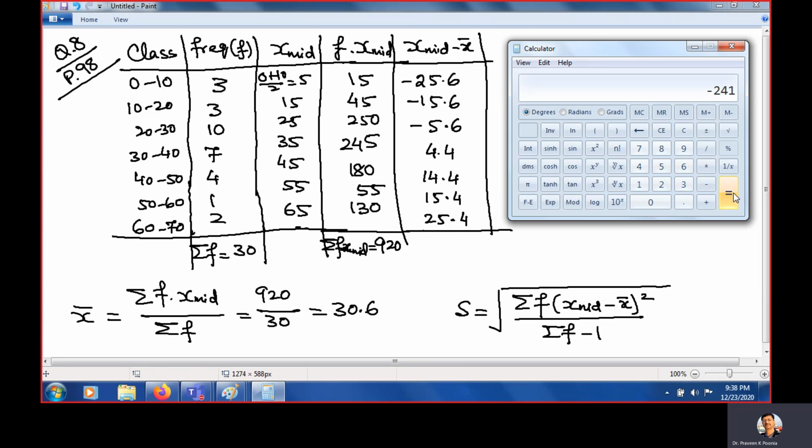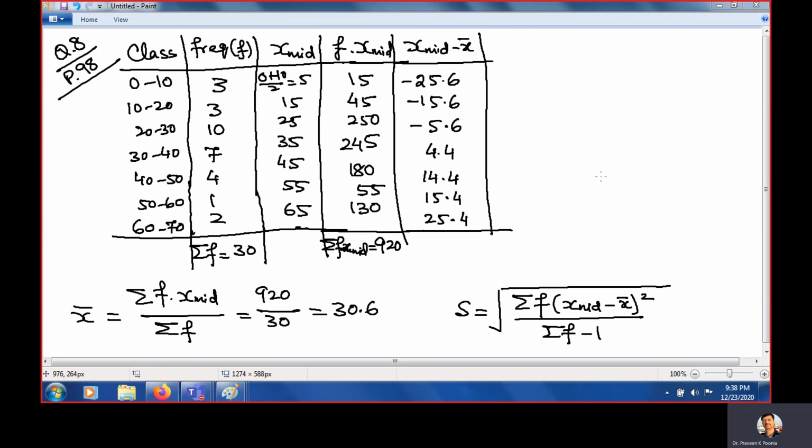If you calculate it, it is 65 minus 30.6. So it will be 34.4. Oh my god, what have we done here?